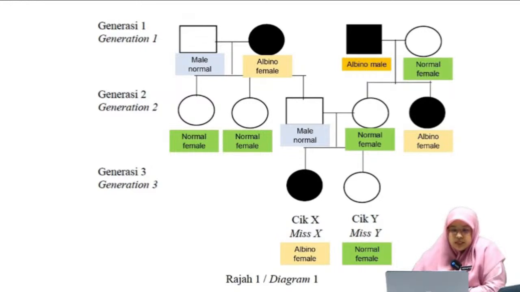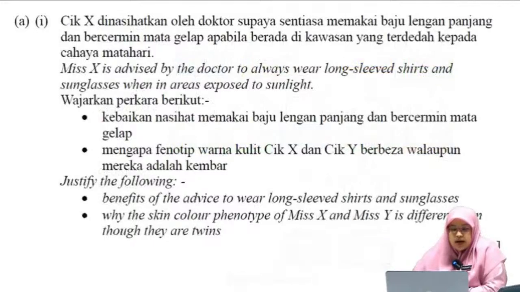Okay, the question. Miss X is advised by the doctor to always wear long sleeve shirts and sunglasses when in areas exposed to sunlight. Justify the benefits of the advice to wear long sleeve shirts and sunglasses. Also, explain why the skin color phenotype of Miss X and Miss Y is different even though they are twins.